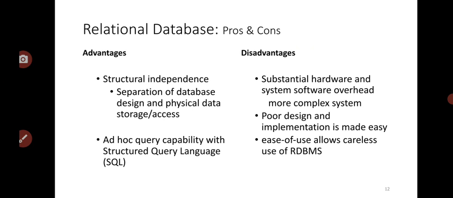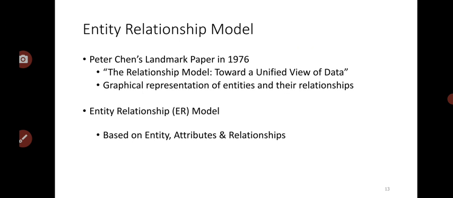Disadvantages of the relational database model are substantial hardware and system software overhead, a more complex system, and poor design and implementation is made easy. Ease of use allows careless use of the DBMS, the RDBMS, that is the relational database management system. So these are the different disadvantages of the relational database management system.